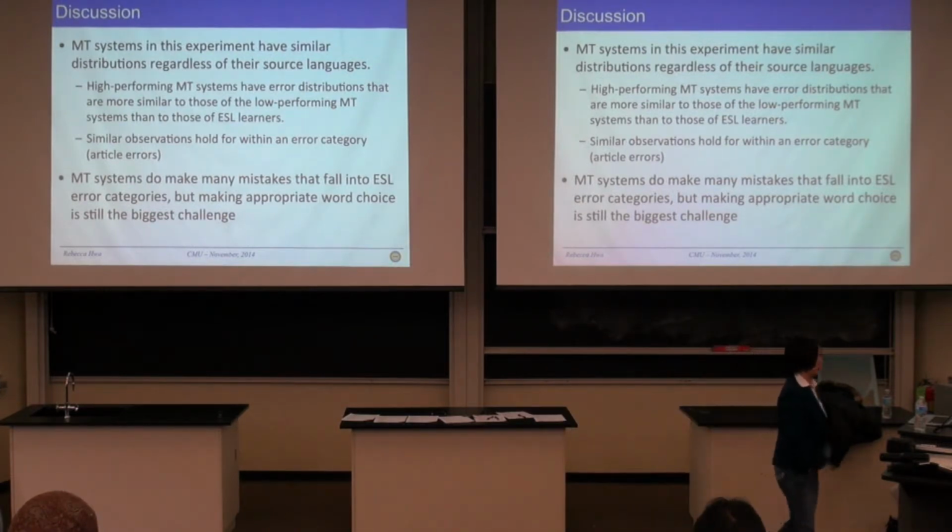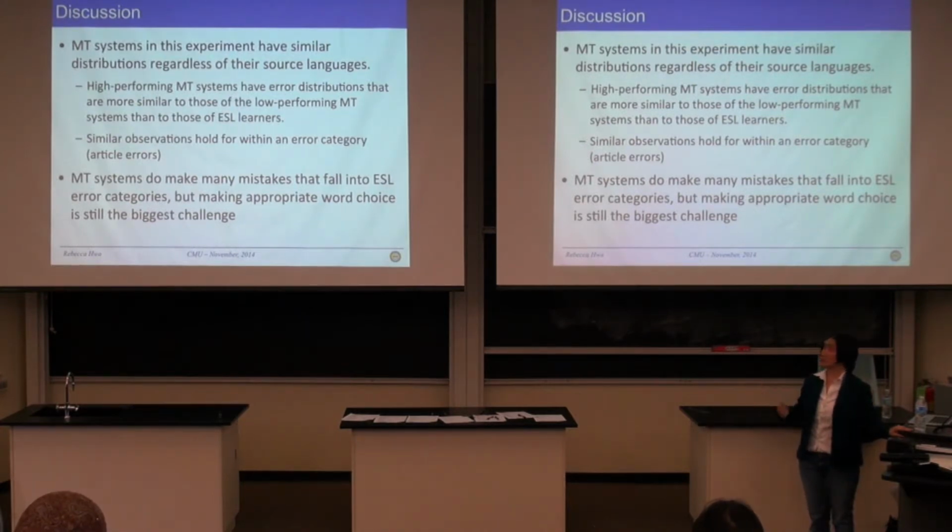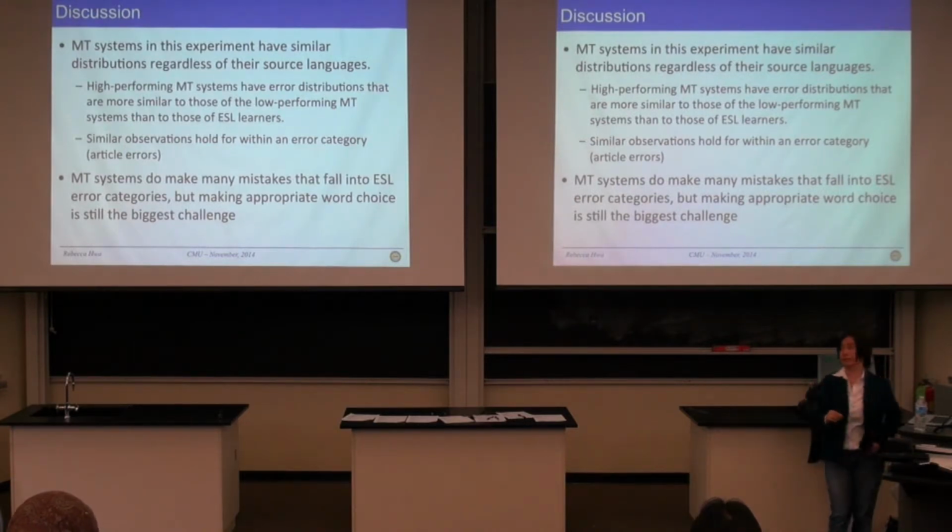So potentially, even though we can't say, well, use this to see how close they are to a human, we can use this in some way to improve MT modeling, or possibly improve generating more fluent sentences. For example, we can say, well, we can detect a lot of the preposition errors, then we can use the standard technique from the grammar error correction community to substitute and generate the outcome more fluently.